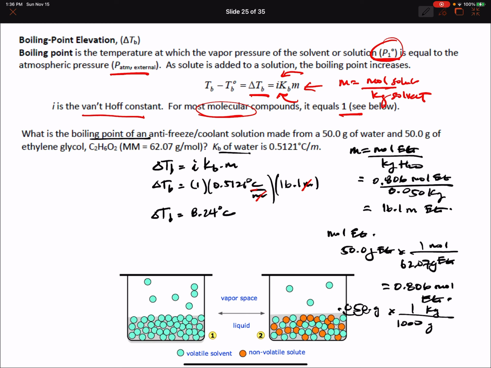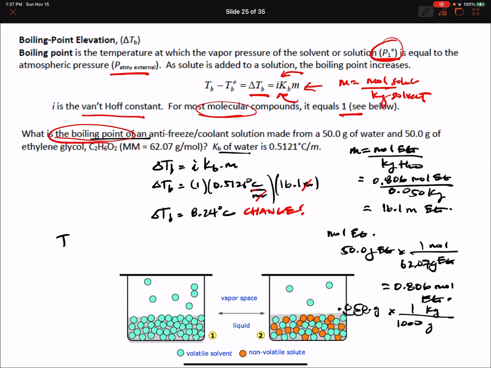All right, and so this is the change, right? And this is important. Delta means change. So if it asks for what the change is, then we know the boiling point is going to go up by 8.24 degrees Celsius. But if it asks what is the new boiling point, which is what this wants, we have to add this to our normal boiling point.